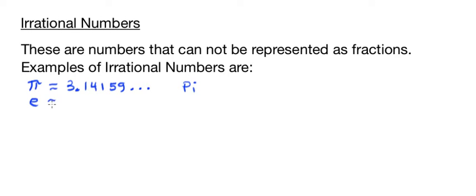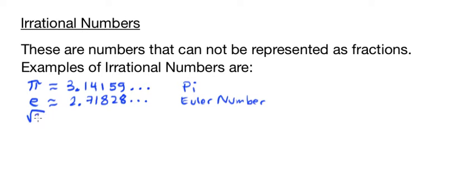Then we have e, Euler's number, which is approximately equal to 2.71828. Again, you can see that it's non-terminating, non-repeating.